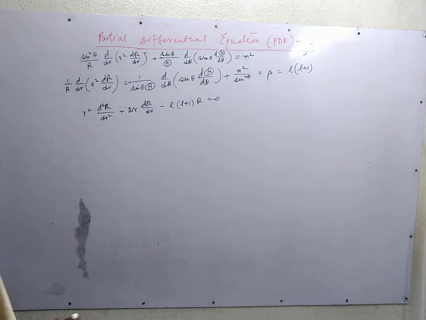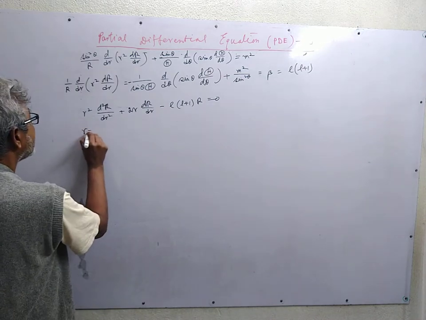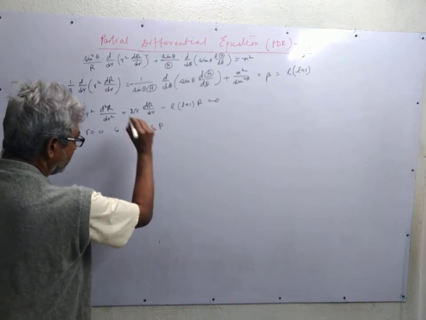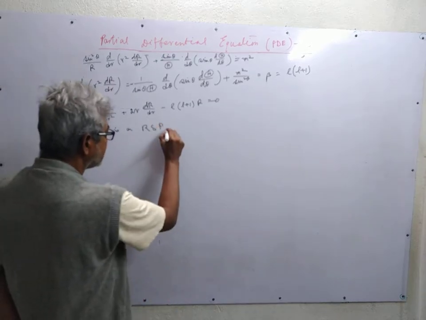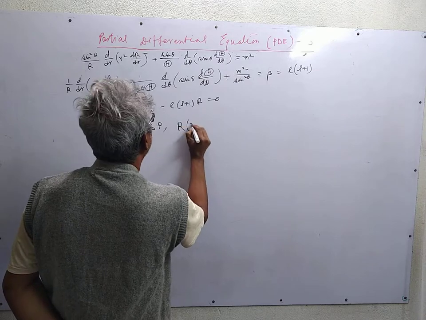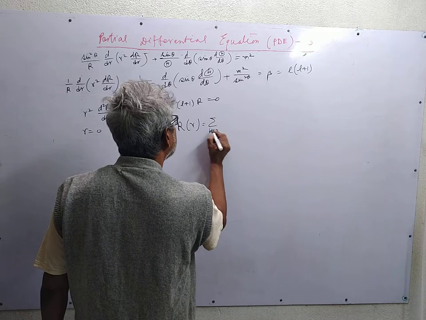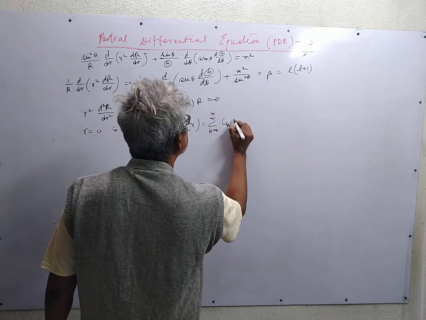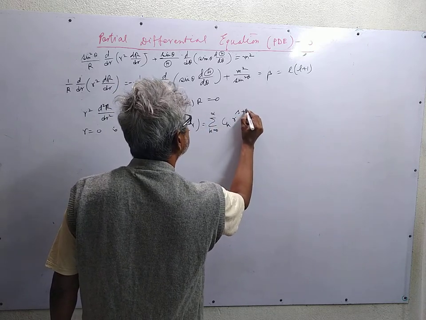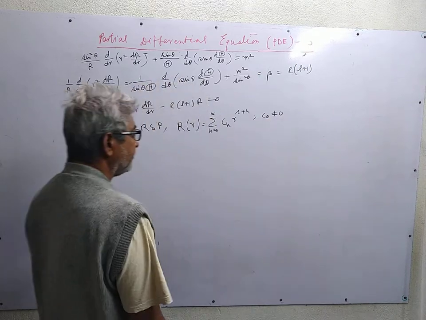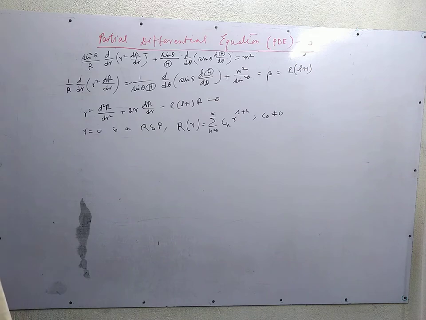Now r equal to 0 is a removable singular point of the equation, so we adopt the solution as capital R is equal to summation over k equal to 0 to infinity of ck r to the power s plus k, with c0 not equal to 0, the Frobenius-Fuchs method.